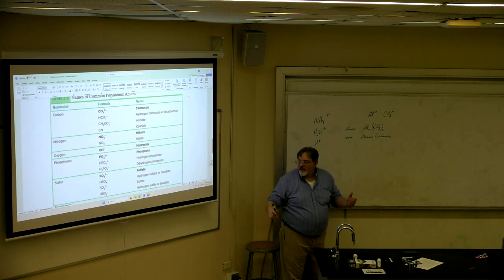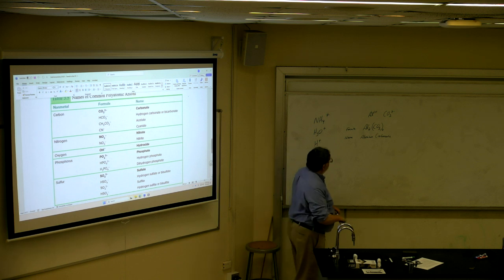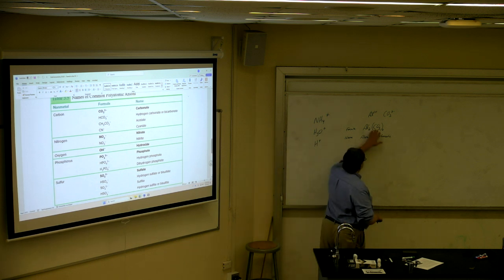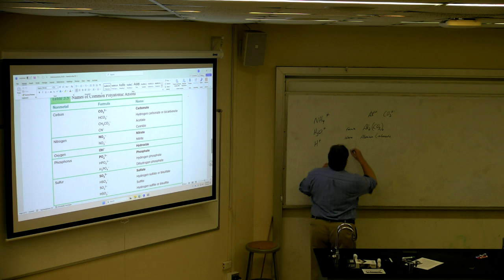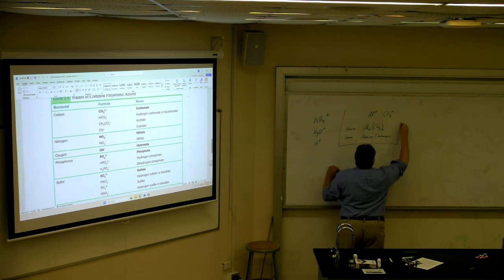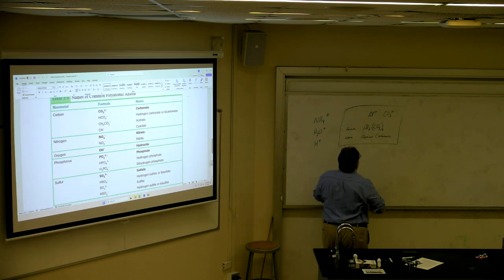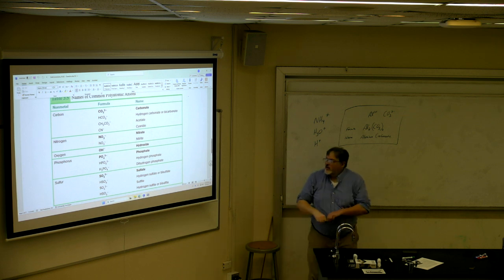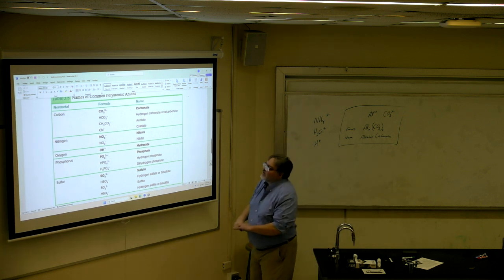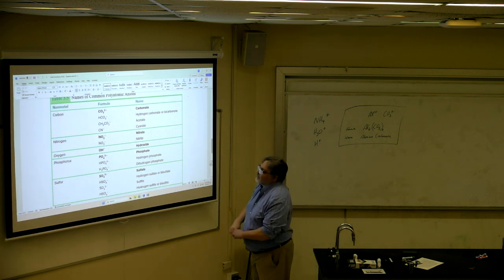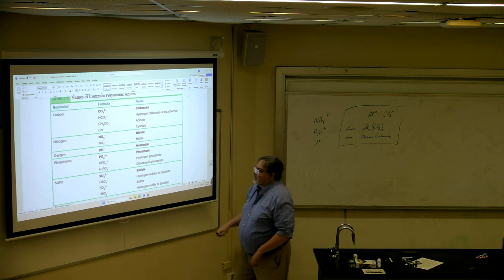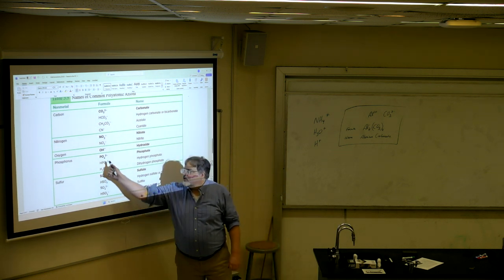The tricky part is picking these out of a formula. When there's not a parentheses, let me do one like that, one of these chart. Let's do aluminum phosphate.